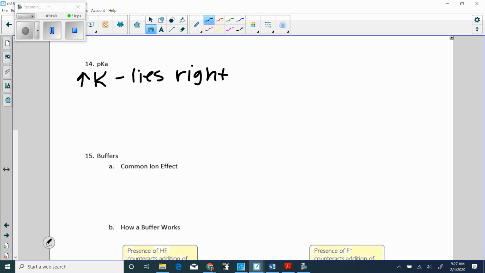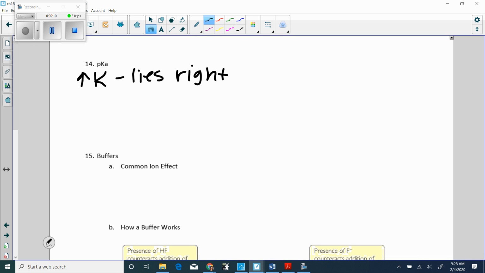For an acid, that means that my H3O beaker is really full. If my H3O beaker is really full, we call that a strong acid. The more of this, the fuller this is, the stronger the acid.